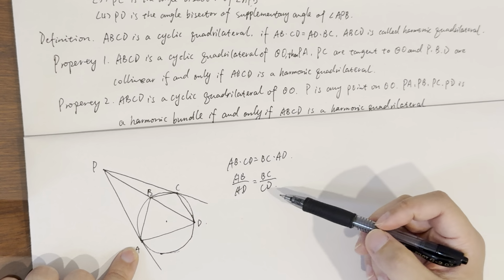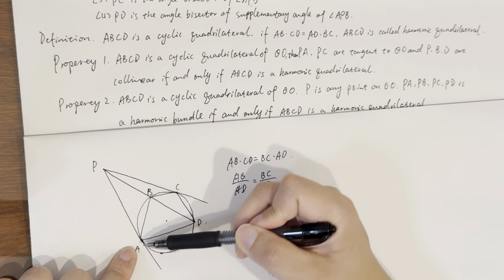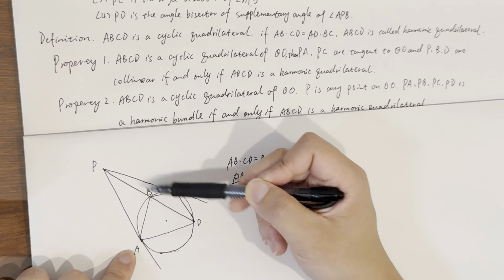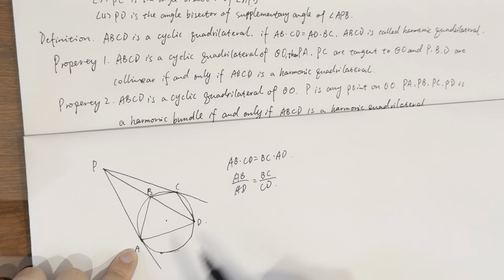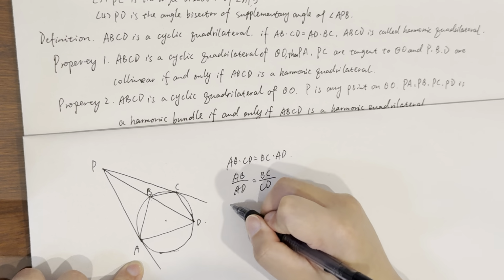Which is true because triangle PAB is similar to triangle PDA. So AB to AD equals PA to PD.